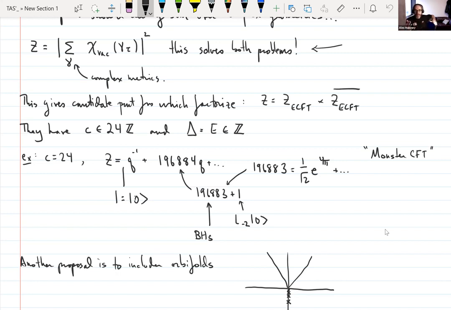In the same way that this 1 here is a descendant of the vacuum state under the Virasoro algebra, in fact, the 196,883 other states are also descendants of the vacuum, but under a much fancier algebra, an algebra that involves the monster group.